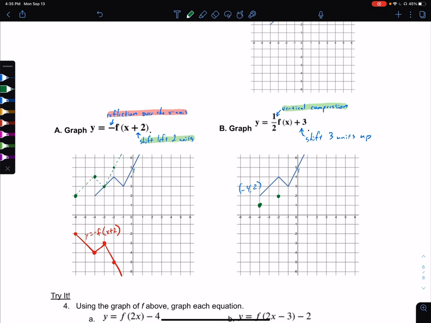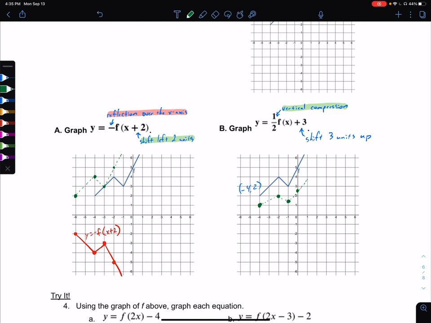The -1, 3 will stay at -1, but this time it's going to be cut in half for the y value of 3, which would be 1.5. And then we have this point here, 0, 5. So we're going to cut that 0, 5 in half, and it's going to be 0, 2.5. So that would give us a good idea what our graph would look like there. And again, I'm going to draw a dotted line because this isn't my final version, and it would look something like that.